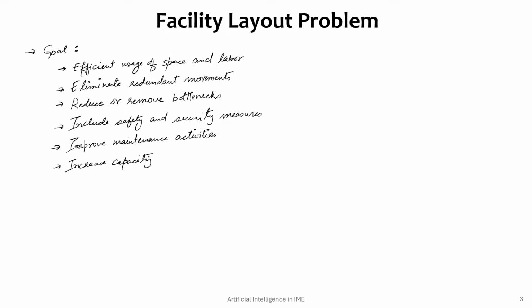workspace. Now, there are two different kinds of layouts. The first are basic layouts, and the second are hybrid layouts. The first basic layout is process layout. Second is product layout, and the third one is fixed position layout.